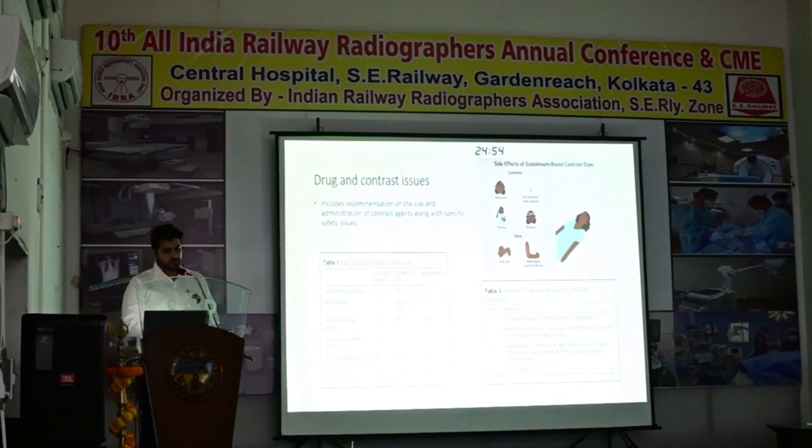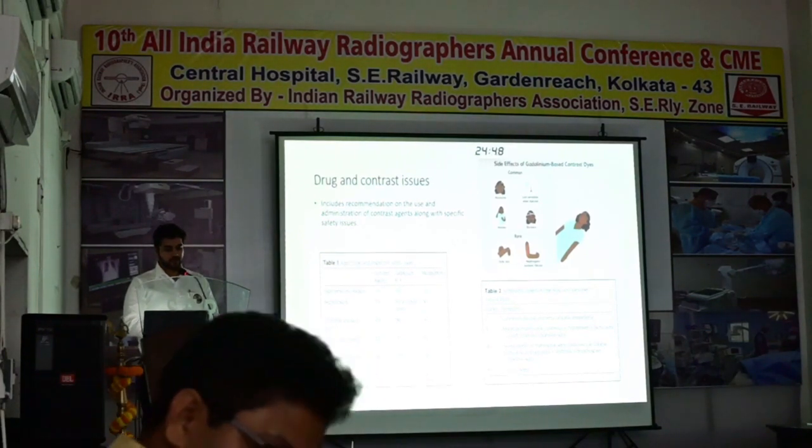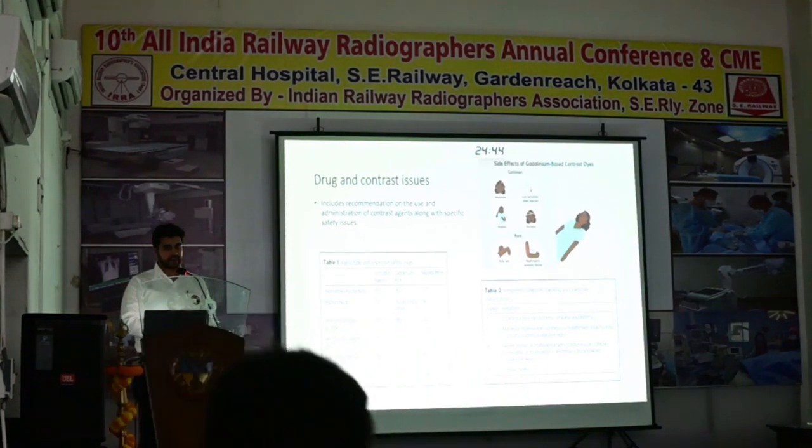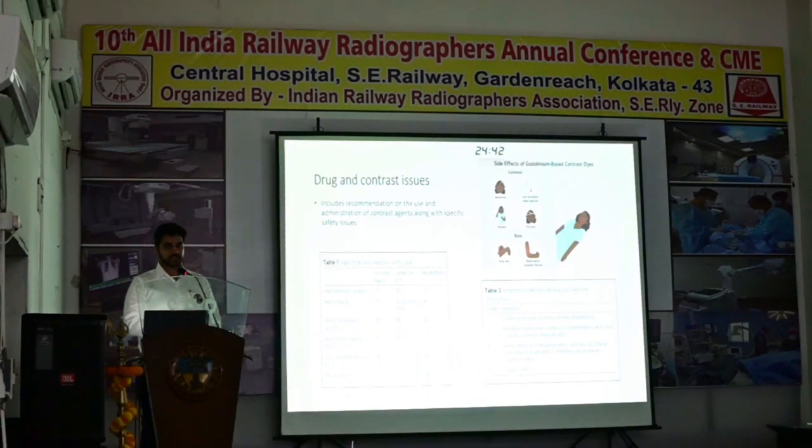So it is quite important that we know how to go about our job without harming them. Most importantly, we have 3 types of contrast agents: iodinated agents, gadolinium-based contrast agents, and microbubbles. Microbubbles are not used in India that frequently, not in my center either.